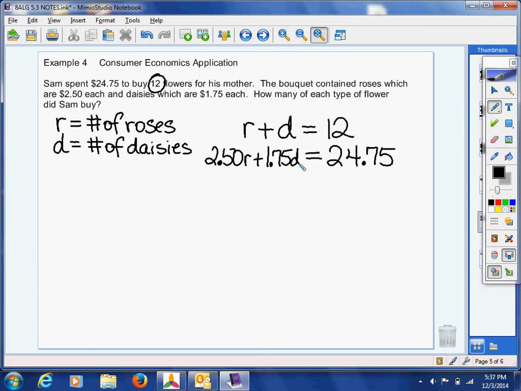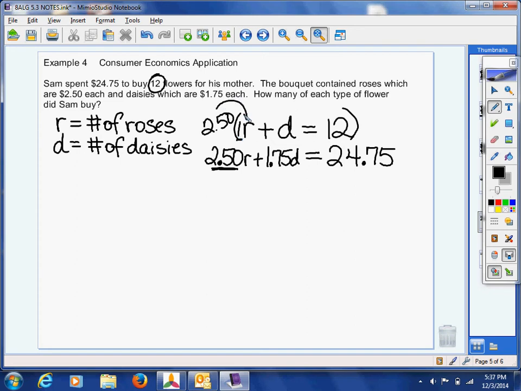So now you just got to make a decision for which variable you want to eliminate. All right, let's target the R's, okay? So this top equation, we're going to need to multiply it by $2.50 because I need the same number in front of the R as it is in the bottom. So see in the bottom it's $2.50. Right now I have an understood 1 there beside the R. So 1 times $2.50 will give me my $2.50.